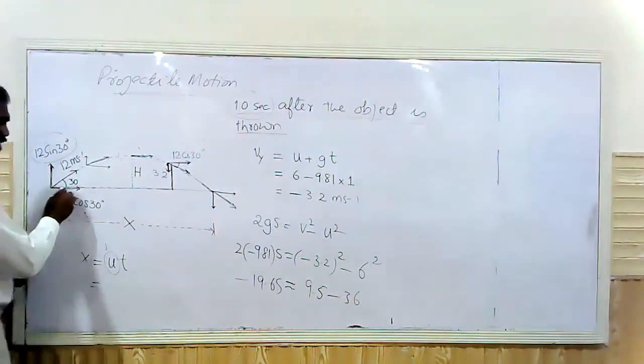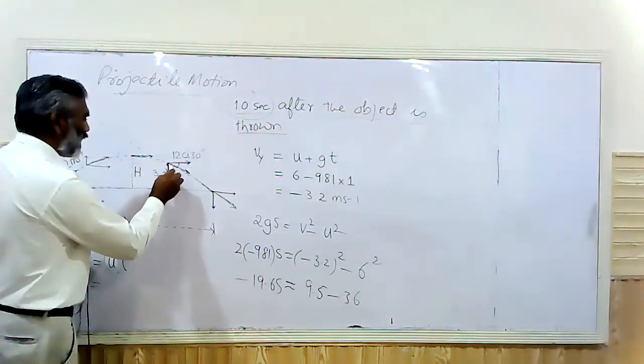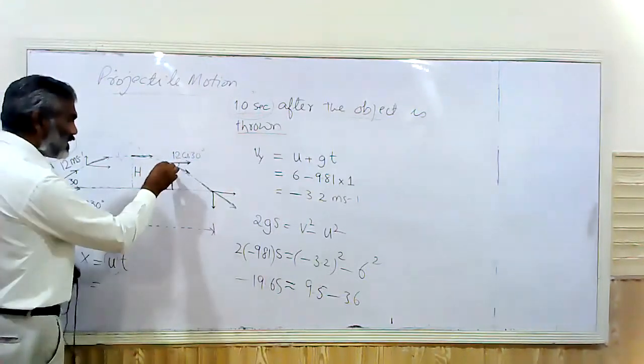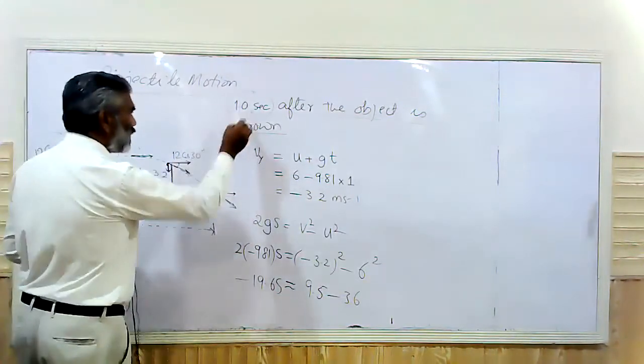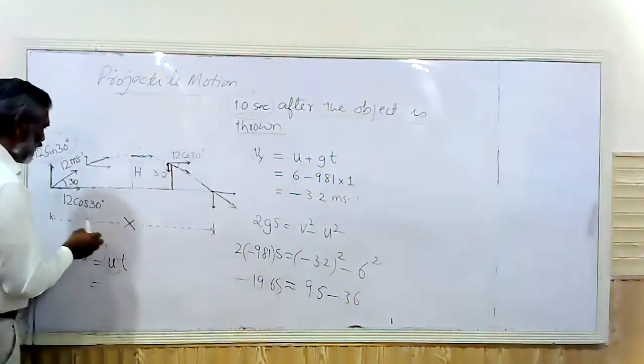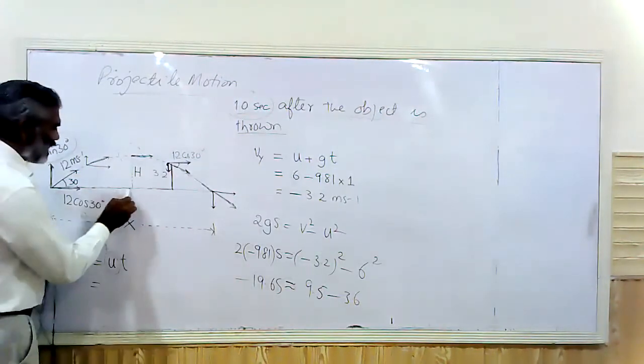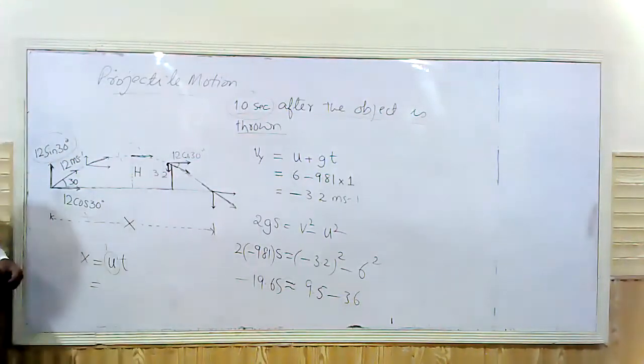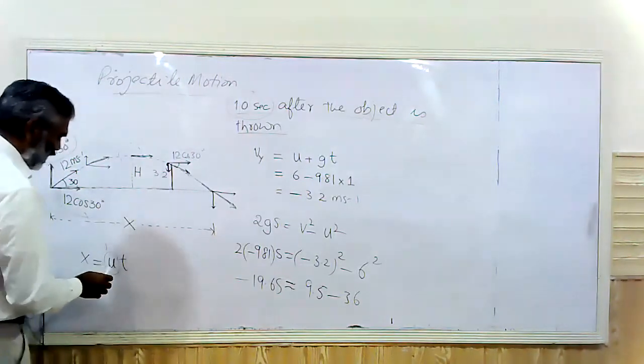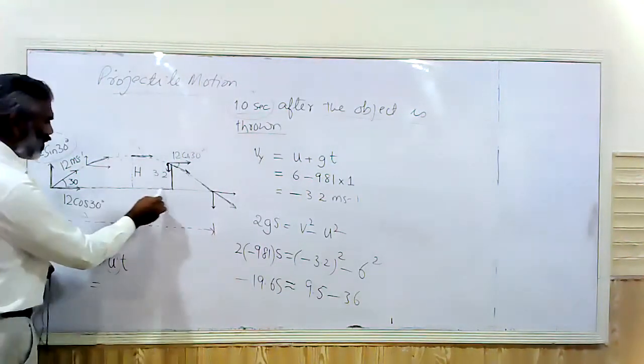This gives us this distance. So I know the height at which the object is at this particular instant, 1 second after I have thrown, and this is the distance it has traveled along the horizontal. So I know how far it has gone horizontally.